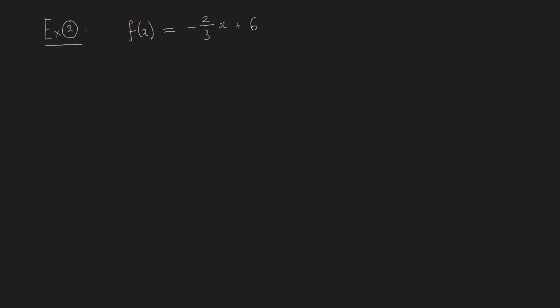So let's get back to the example from the end of the last video, namely f of x equals negative 2/3 x plus 6. Well, now that we know how to deal with that negative sign, let's get on with it. So I'm going to start off with my x, and I have my two-step process. So first of all, I'm going to multiply by negative 2/3, and then I'm going to add 6.